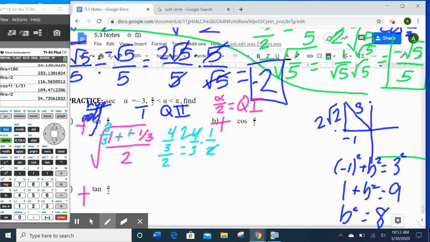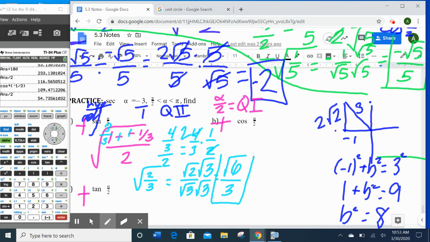That ends up being 2/3. So I get the square root of 2/3, which is the same thing as the square root of 2 over the square root of 3. When I multiply by root 3, I get root 6 over 3. So that is the sine of alpha over 2. Either the square root of 2/3, or they'll make you rationalize the denominator, root 6 over 3.